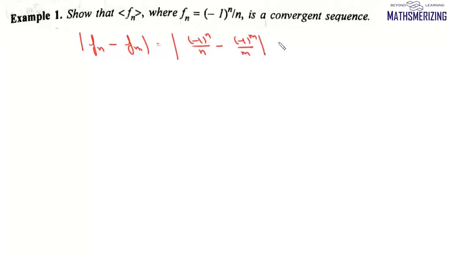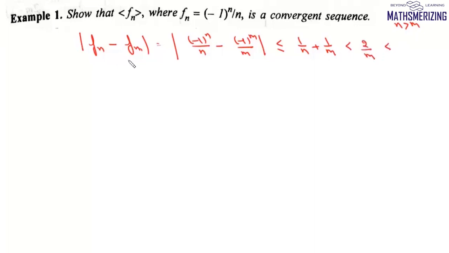Now this expression will always be less than or equal to 1/n + 1/m, and if n is greater than m, then it will be less than 2/m.